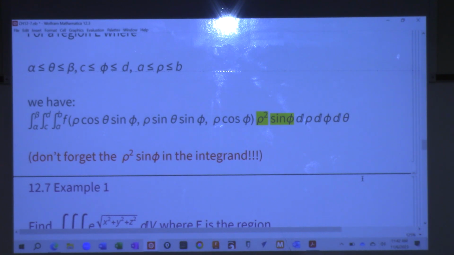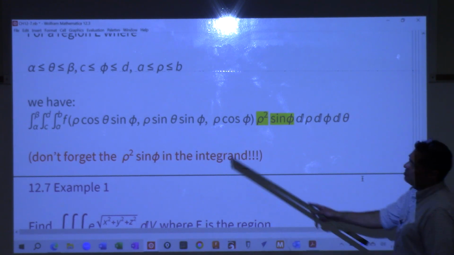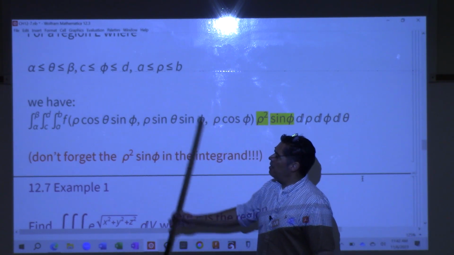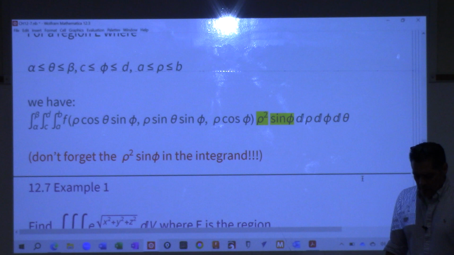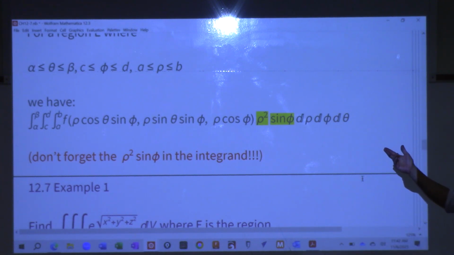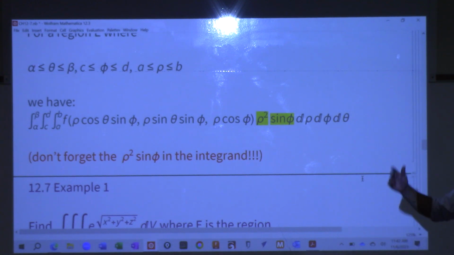Every region that I'm ever going to look at in spherical coordinates in this class, I mean, we're almost done with this section, we're going to be done in 5 or 10 minutes, your restrictions on your theta, phi, and rho will always be between constants. We won't go any more complicated than that. But you can imagine your rho could be two functions of theta and phi.